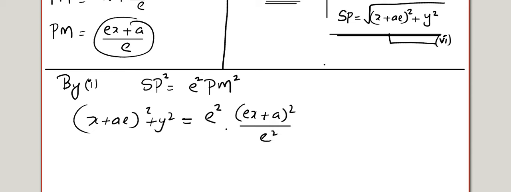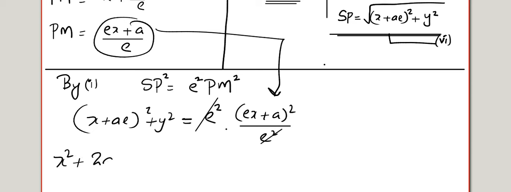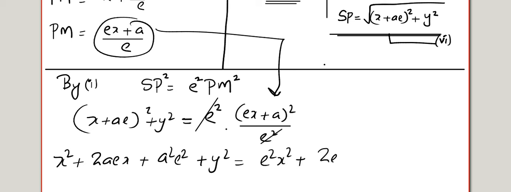Look, I'm squaring this and I'm putting it over here. Now expand: x square plus 2aex plus a square e square plus y square equal to e square x square plus 2eax plus a square.